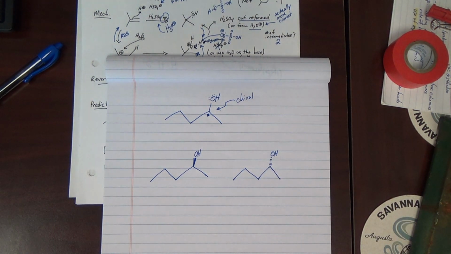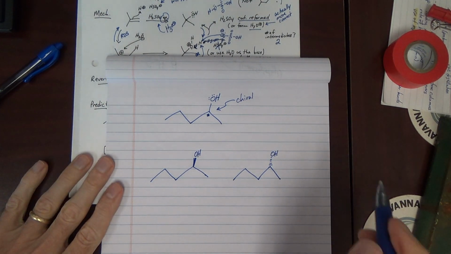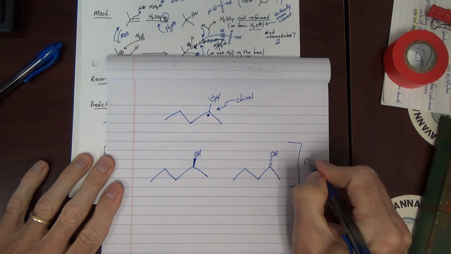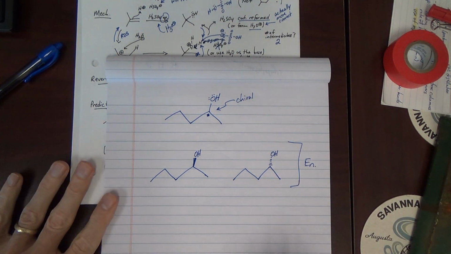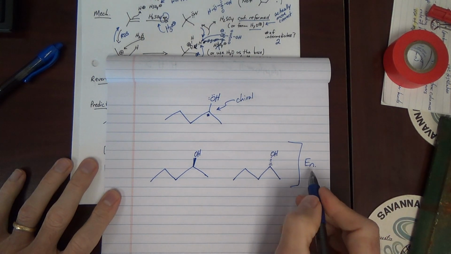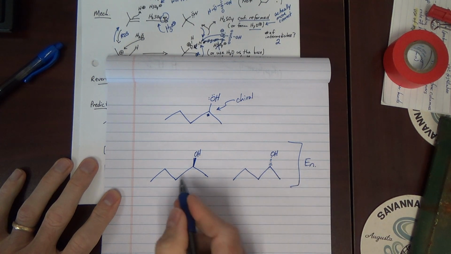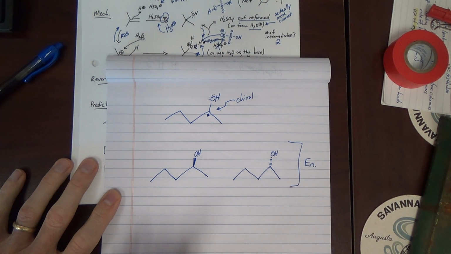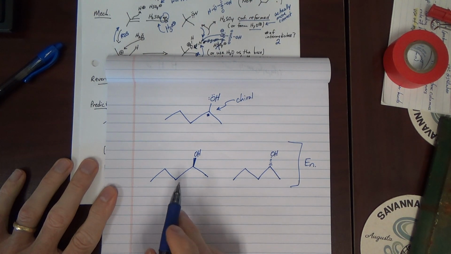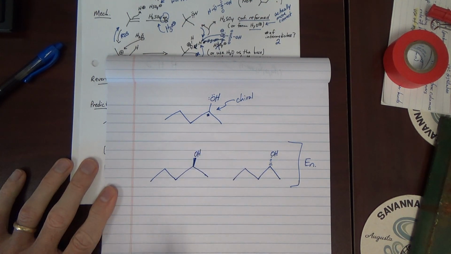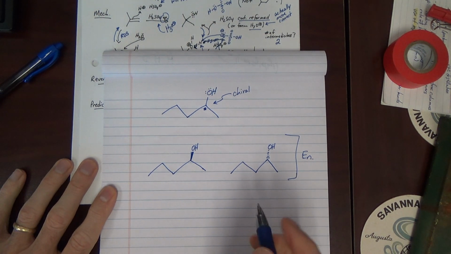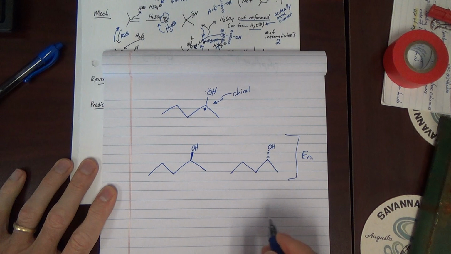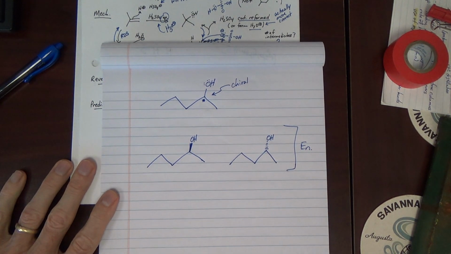Okay? And these two are enantiomers. Again, we'll learn about that when we get to stereochemistry. Now the question here can be, which one of these will be formed in this reaction? And the answer is both are formed.